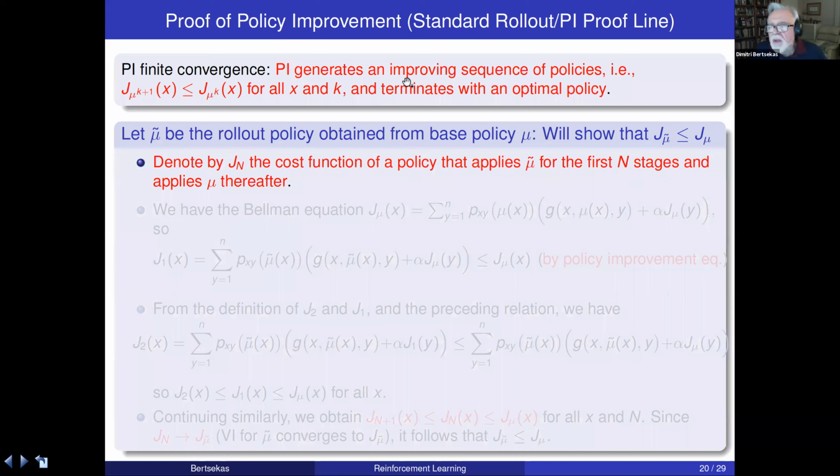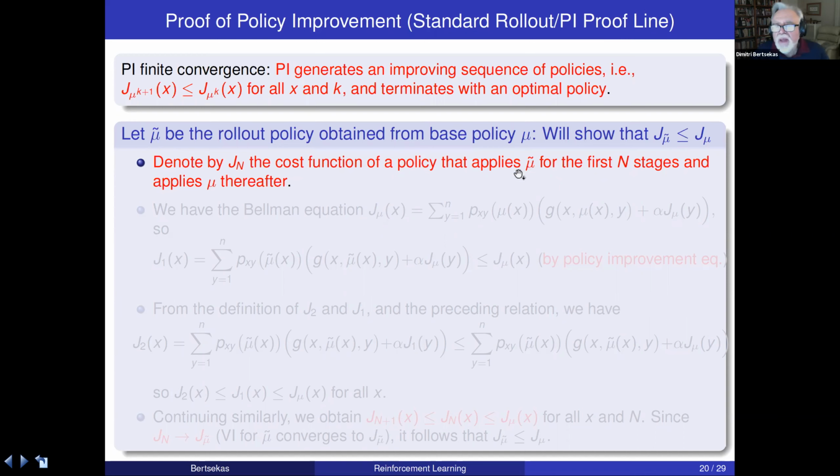And this result is important. First of all, it's intuitive. By studying the proof, you can understand how the method works. And second, because this is the standard proof, just about every policy iteration convergence proof uses a similar argument, a modified version of the algorithm that I'm going to describe.